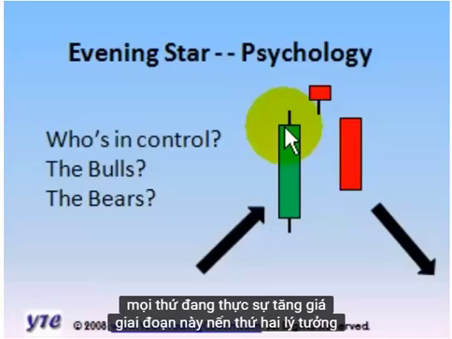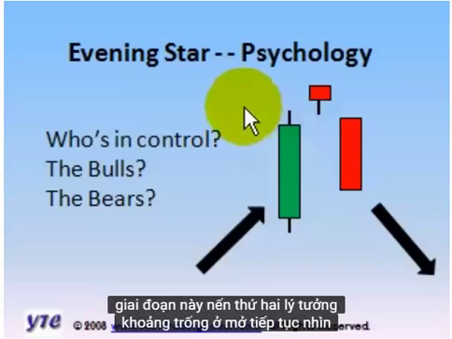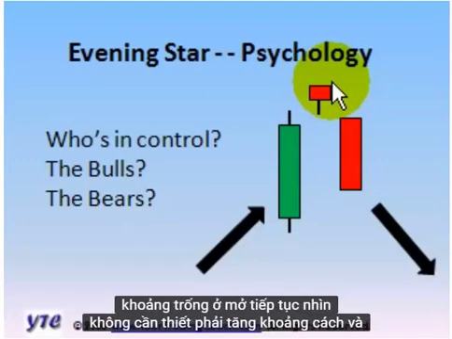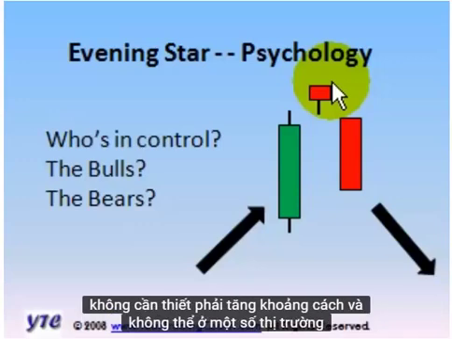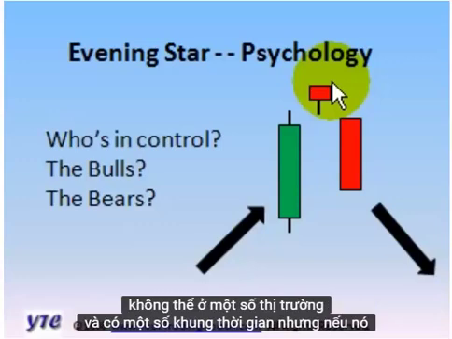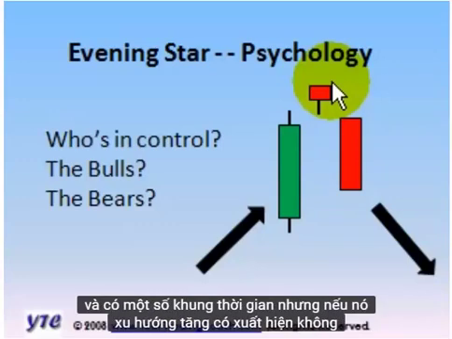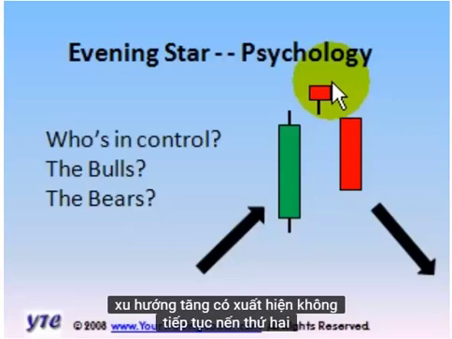The second candle ideally gaps up at the open, continuing to look bullish. It's not essential to gap up, and not possible in some markets and some time frames, but if it does, the bullish trend appears to be continuing.